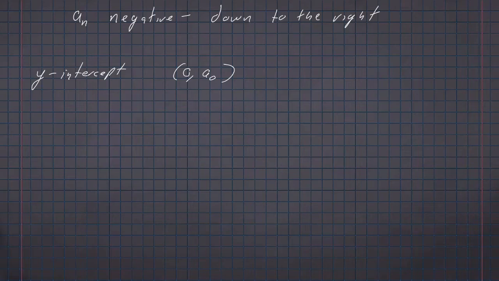Plug in x equals 0, and all the terms that have x go away, leaving you with a naught. If your polynomial is in factored form, plug in x equals 0, all the x's go away, and you're left with a string of constants to multiply together. Takes a little bit more work, but that's how you calculate a naught. So we can find the y-intercept pretty easily.